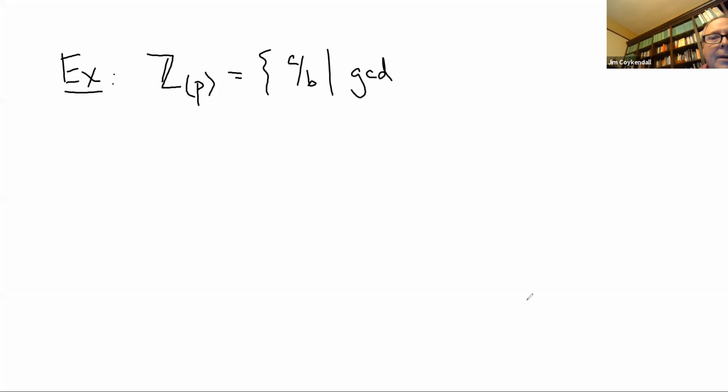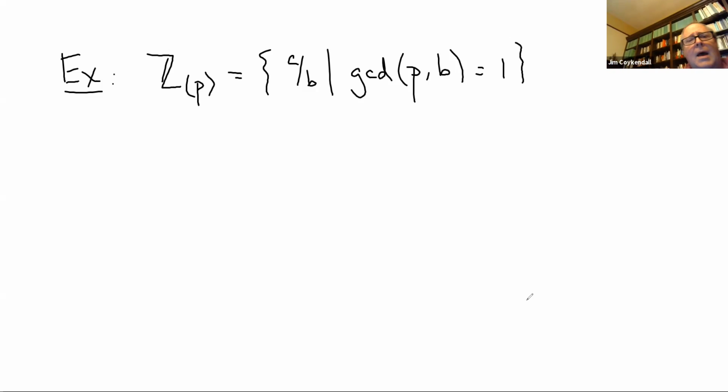So here's a good example. Valuation domain Z_(p). I'm going to use this example to tell you about the p-adics, and then I'm going to tell you in another way.